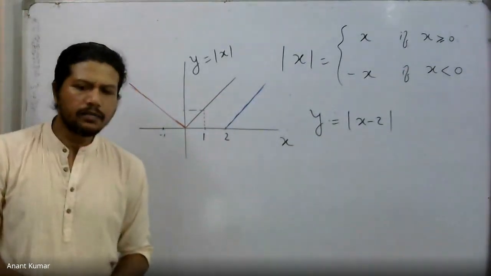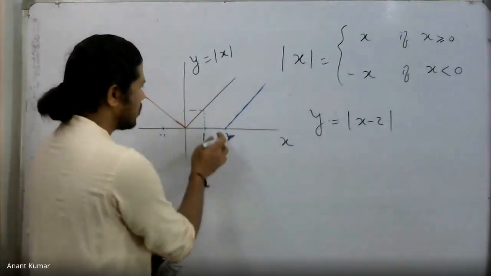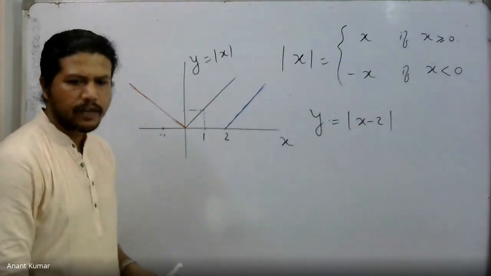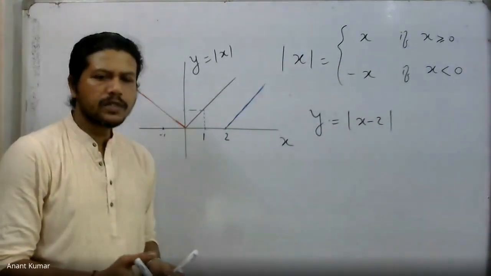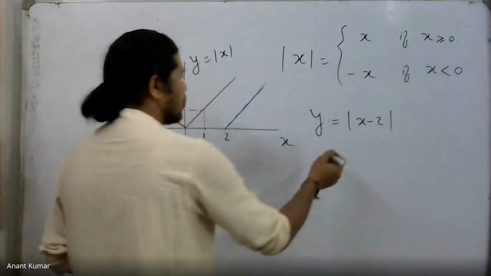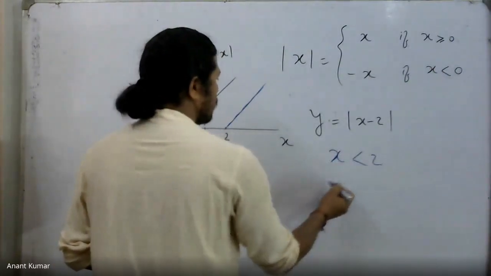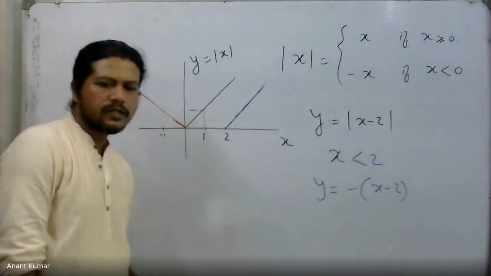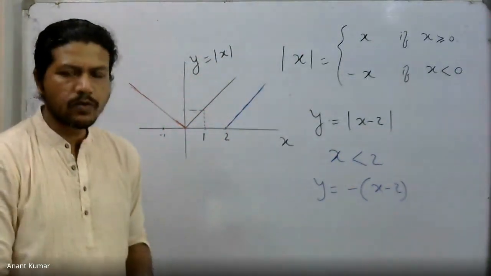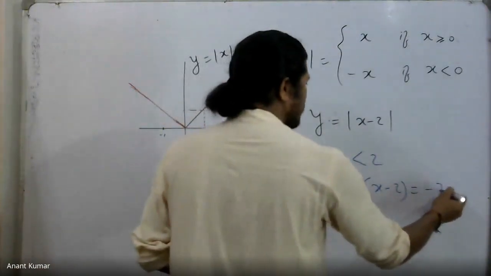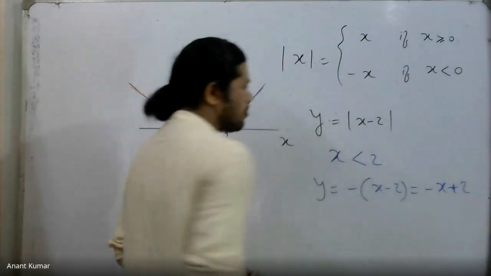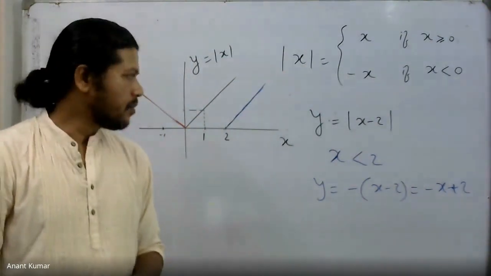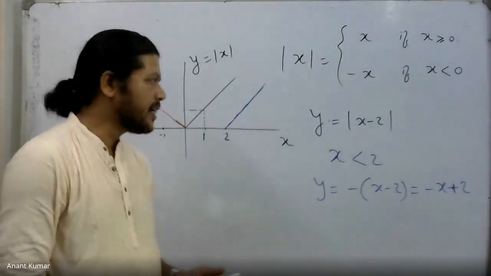In a similar fashion, if I take x to be less than 2, on the left of x equal to 2, this region over here, x minus 2 is negative. So by definition, mod of x minus 2 becomes minus of x minus 2. So for x less than 2, y turns out to be minus of x minus 2. But minus of x minus 2 becomes 2 minus x, or minus x plus 2. This is a straight line with a negative slope, slope equal to minus 1, and intercept equal to 2.